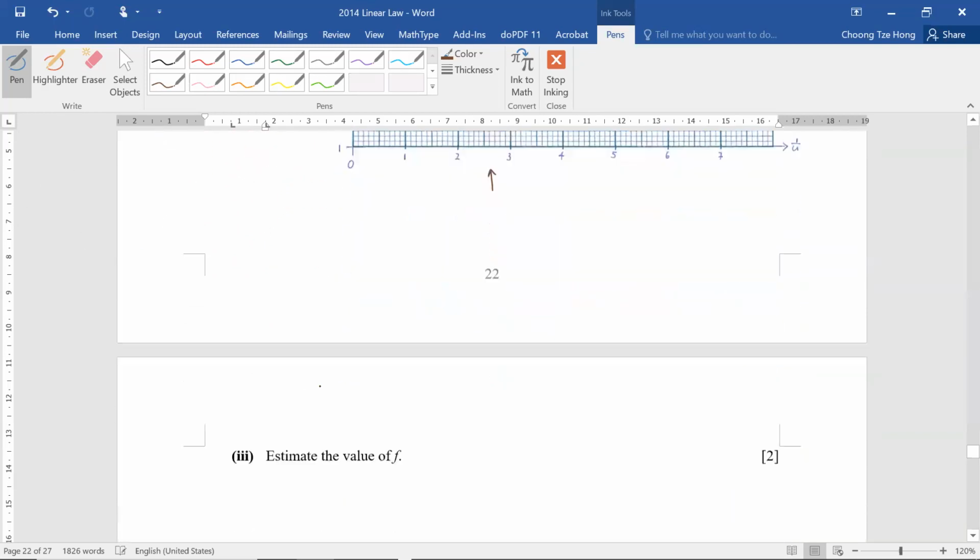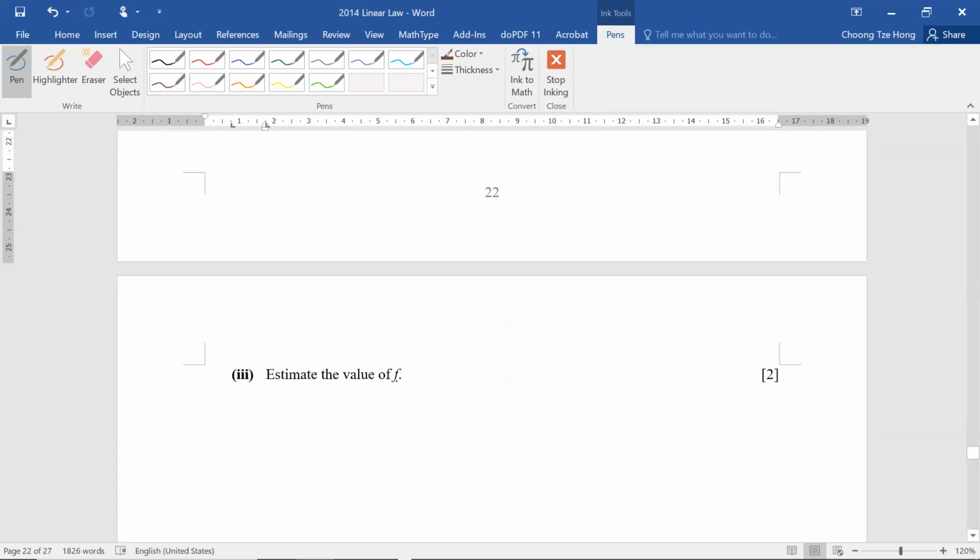In the last part of the question, they want us to estimate the value of F. The original equation given to us is this, right? Remember, if we want to use the graph to find any constants, we need to rearrange it in the form of big Y equals mx plus c.